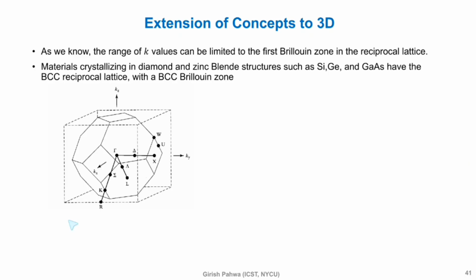What is the extent, can you tell me what is the dimension here? If in the direct lattice the unit cell dimension is A, what is this then? Do you remember?